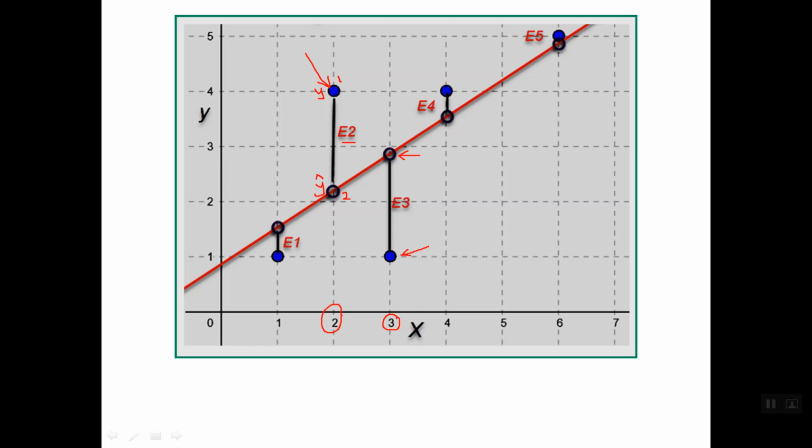If you change the formula of the regression line, meaning you change the slope and the intercept, and compute the sum of the squared errors, you will find the value to be greater.